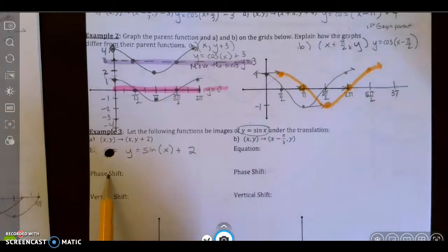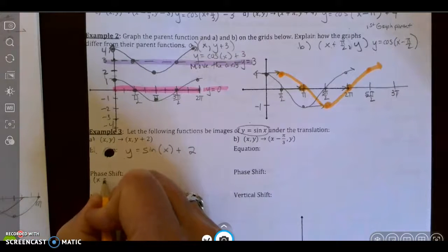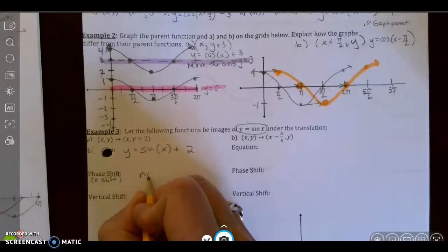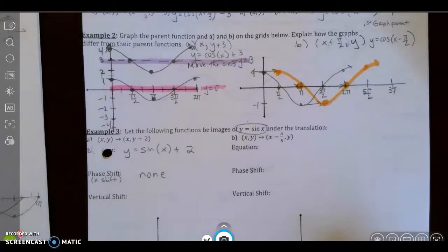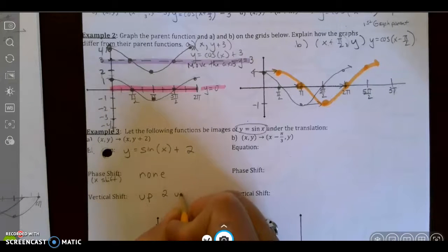The phase shift is when we're affecting the x-axis. This is the x shift. And there is no phase shift. That's what it's called. It's called a phase shift. There is none. The vertical shift is up 2 units.